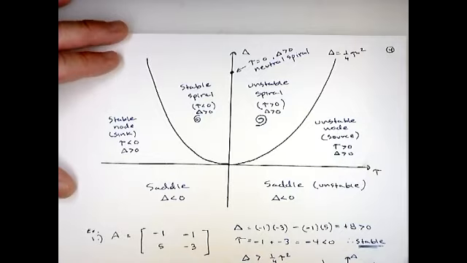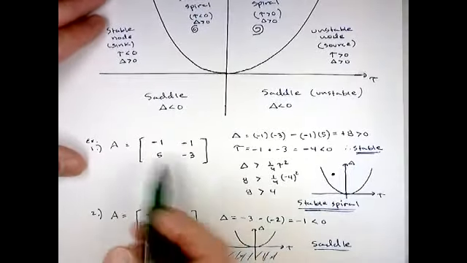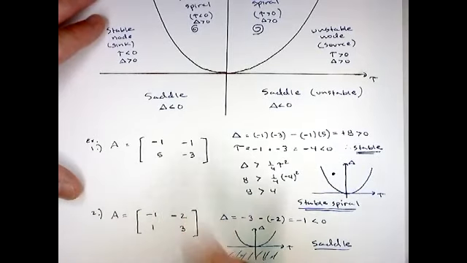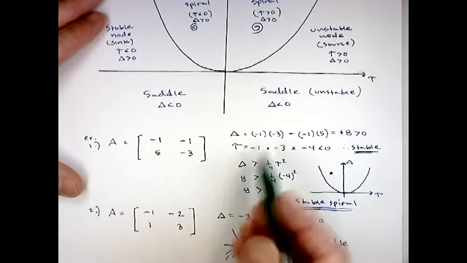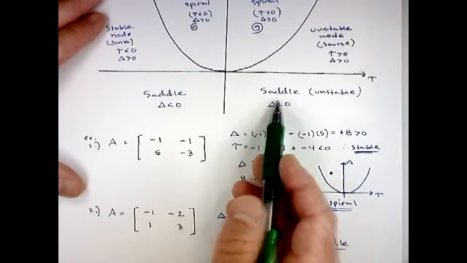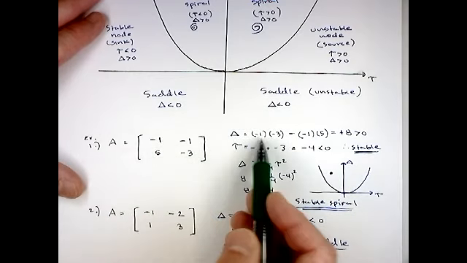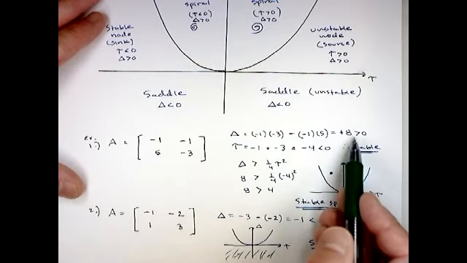Okay, so let's try one here. Here's my matrix, -1, -1, 5, -3. I like to do the determinant first because as we saw, if the determinant is negative, it's automatically a saddle. Here my determinant is -1 times -3 minus -1 times 5. That gives me +8.